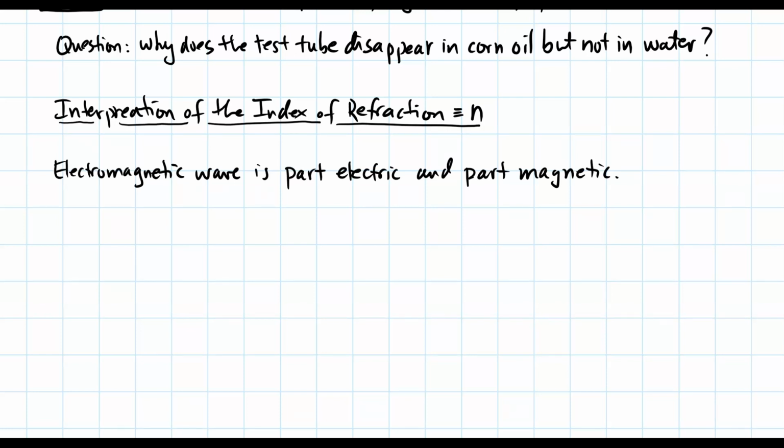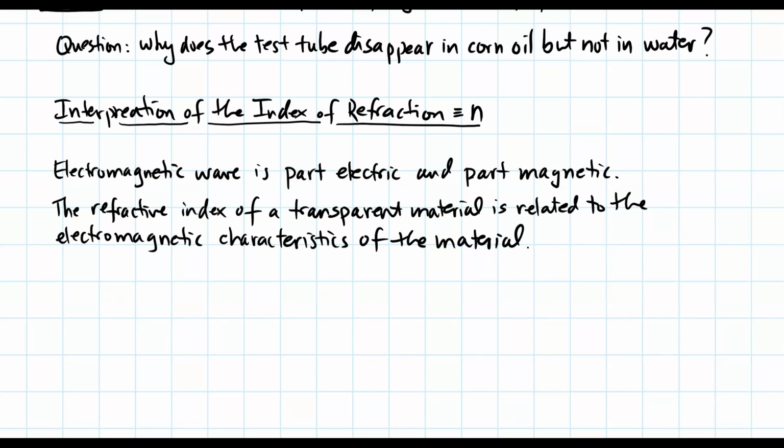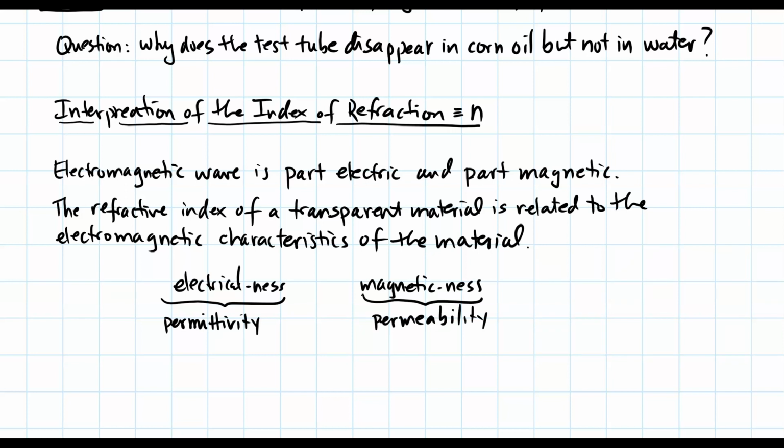When light interacts with a transparent medium, the index of refraction is essentially the measurement of this interaction between light and the medium. In other words, the index of refraction is a measure of the electromagnetic characteristics of the material. That means the material characteristics can be broken down into two pieces: the electricalness is known as the permittivity, and the magneticness is the permeability.